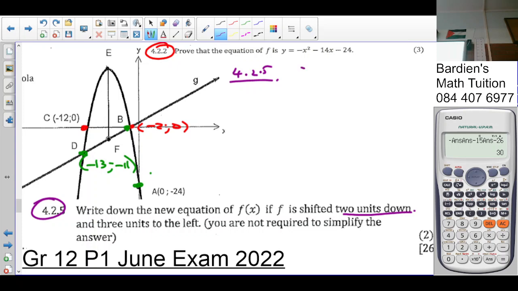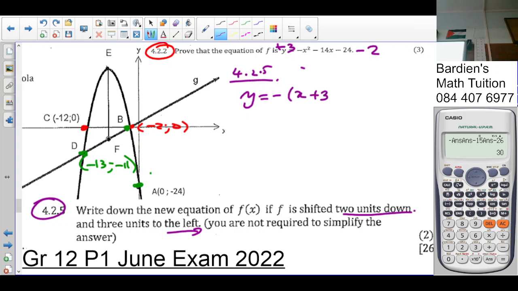So if it shifts 2 units down, then I must minus 2, not so. And then it shifts 3 units to the left. So it moves 3 units to the left, so I must add 3 on the x, not so. So in other words, this becomes y, because f of x in this question is defined already as negative x squared minus 14x minus 24. So it becomes negative open brackets x plus 3.